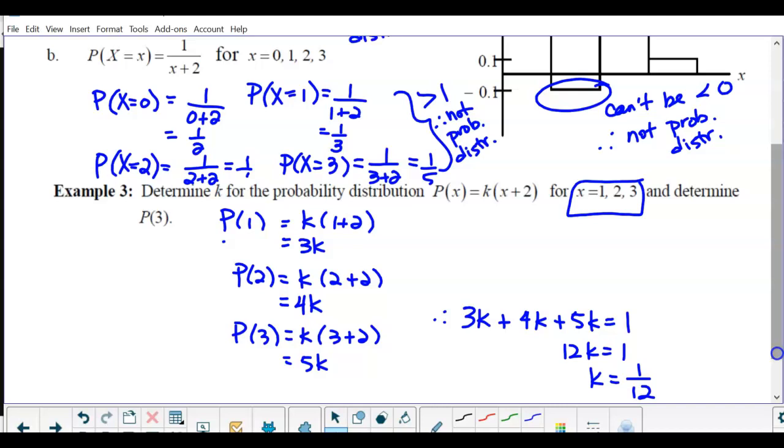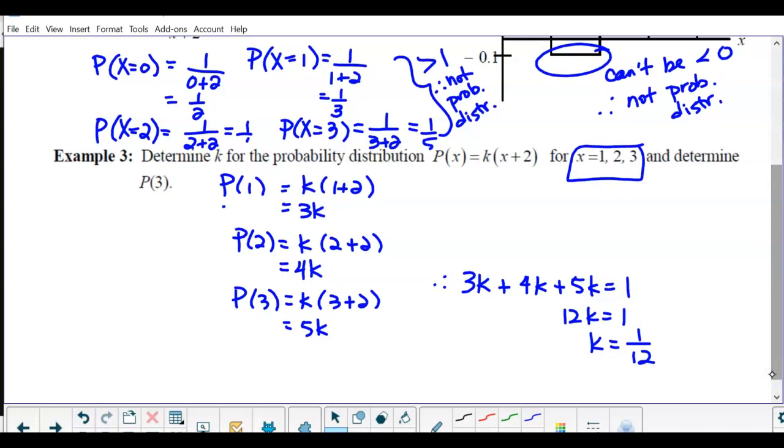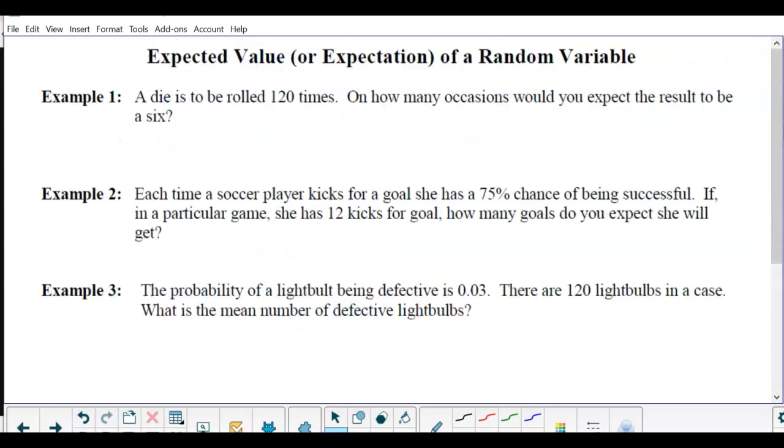Okay, alrighty. So, next part is what we call expected value. Sometimes it's called the mean value. So turn over to the next slide. Again, for a random variable.